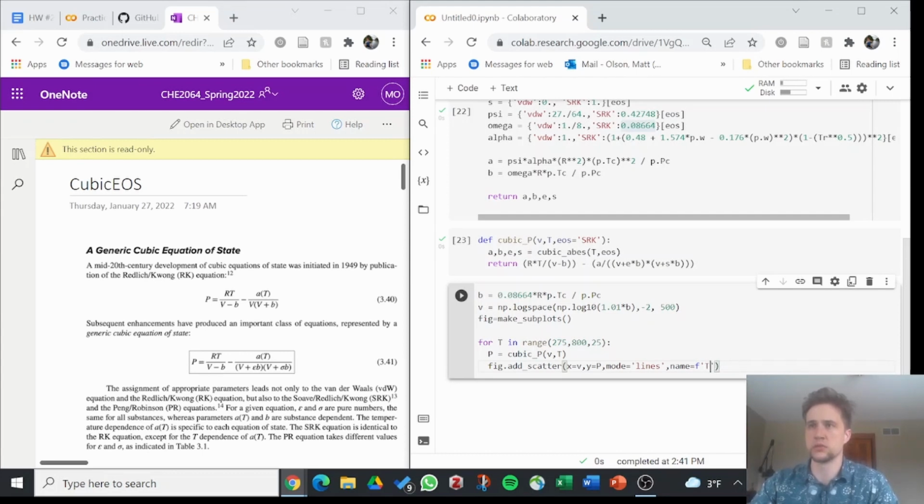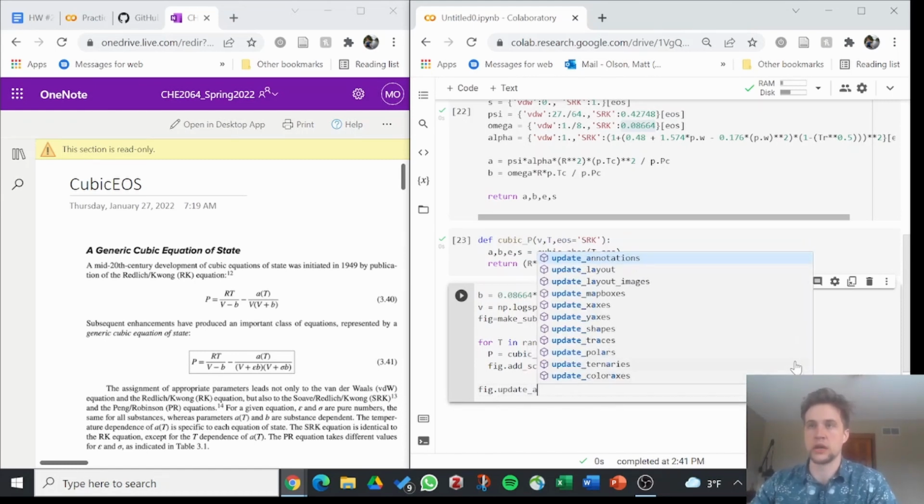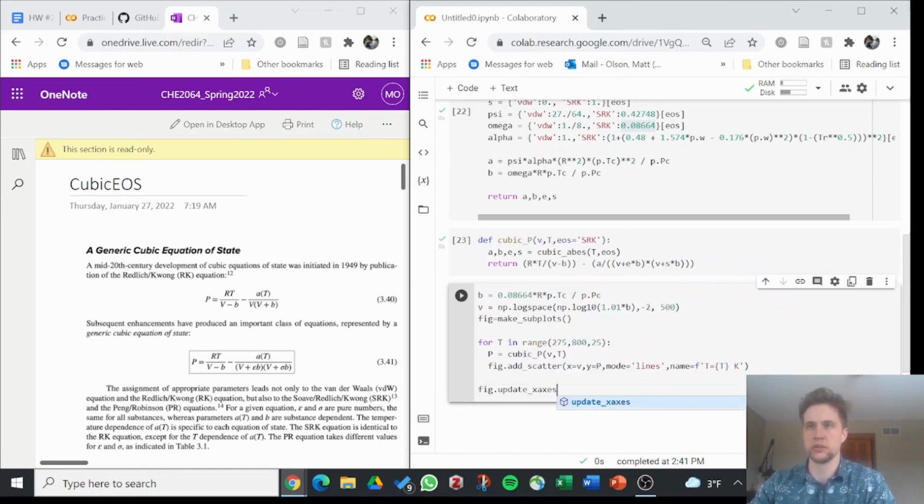Let's go ahead and T equals, so now because we're going to be doing a for loop, we'd like to see, so what it's going to do is whatever particular loop it's on, it'll rename that with those brackets here that I just inserted. Kelvin. Okay. And now let's go ahead and make sure our axes are going to accurately reflect our logarithmic scale that we're dealing with.